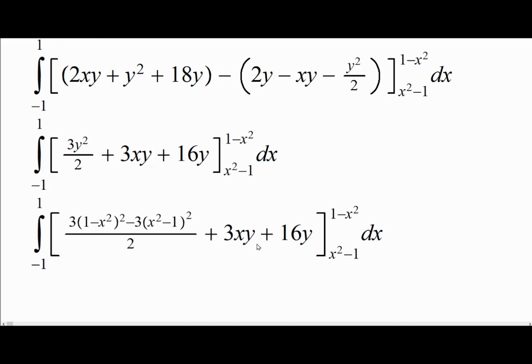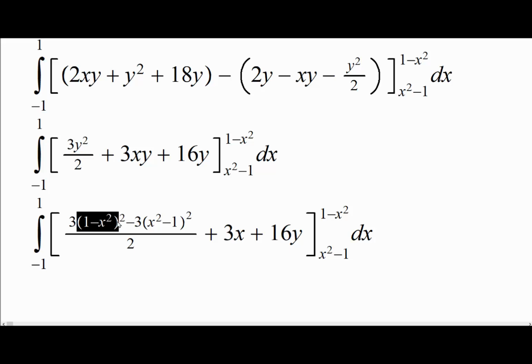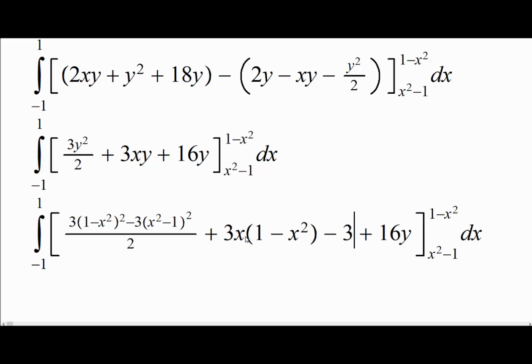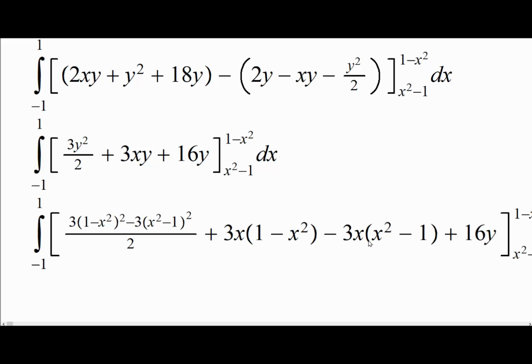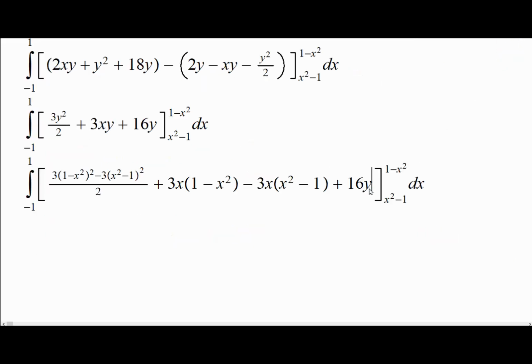So we'll see. Then here we get 3x times the upper limit, and then minus 3x times the lower limit. Let me reduce the font size, because I hope you can still read it. Then we have 16y, which follows the same pattern.